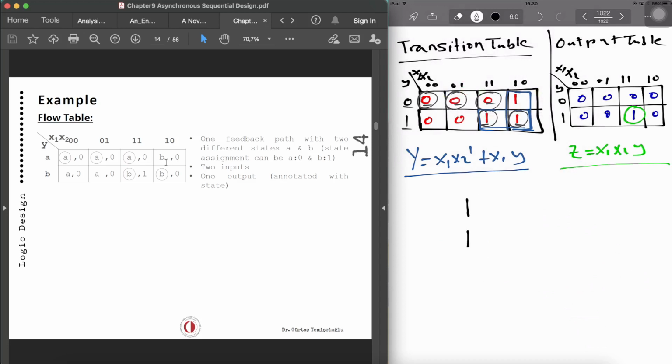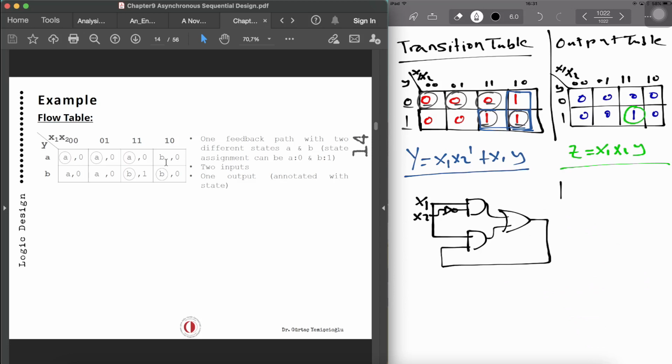So two AND gates, one OR gate, and we have got x1, x2 is inverted, and also x1 going down here, and y. So y is coming from here as a feedback, and these are connected. And the output is just a combination of x1, x2, and y.